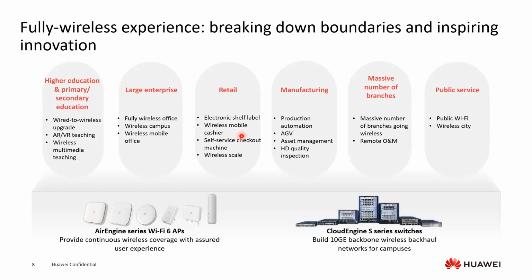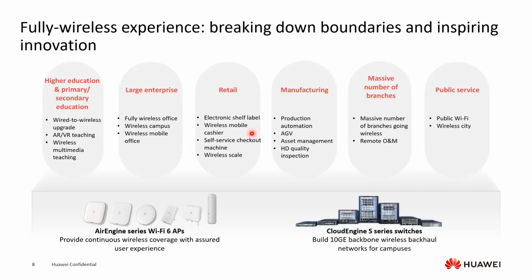So whenever a retail outlet has to open in a new building or facility, just like any large enterprise branch, they can't wait for the long cycles of deploying the network in the traditional way. Secondly, through their Wi-Fi APs, they have electronic shelf labeling technology, where they can change the prices or change the shelf label based on the IoT sensors.